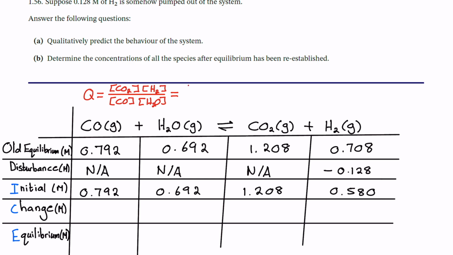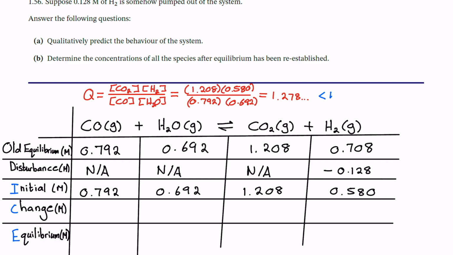Then you put in these values. So 1.208, 0.580, divided by 0.792, 0.692. Then I got a value here of 1.278 and some numbers.